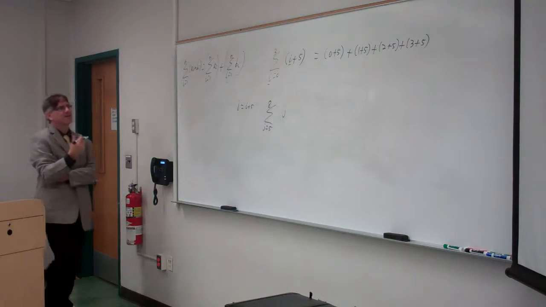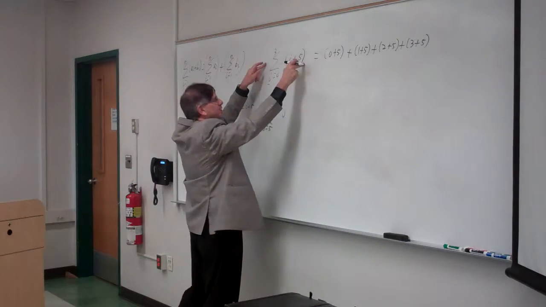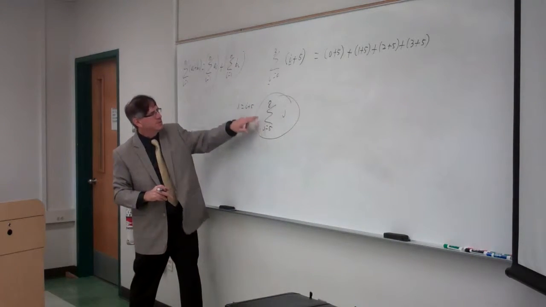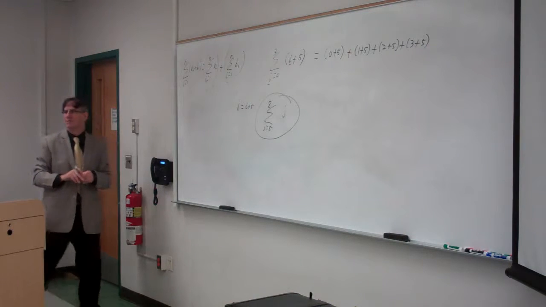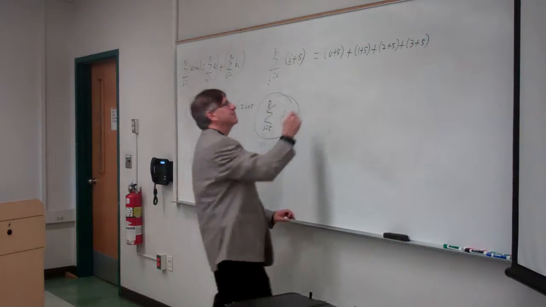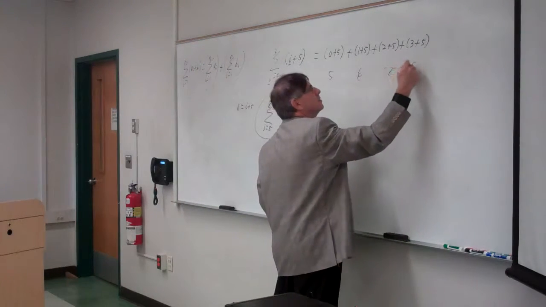So I can simplify this expression, the sum of i plus 5, into just a sum of j by changing the index of summation to go from 5 to 8 instead of 0 to 3. And you can see why that's happening. This is exactly 5, 6, 7, 8.